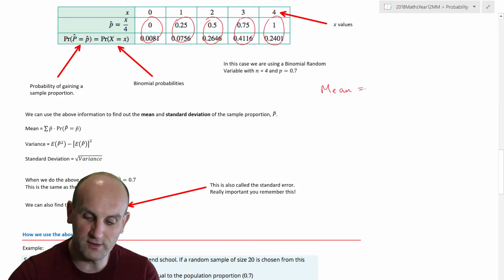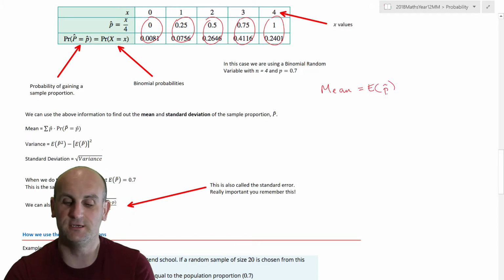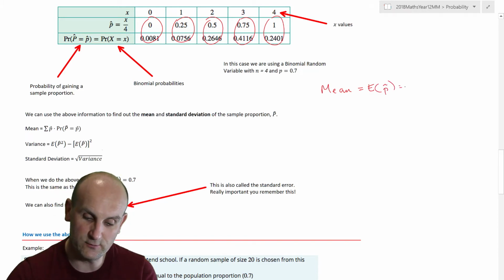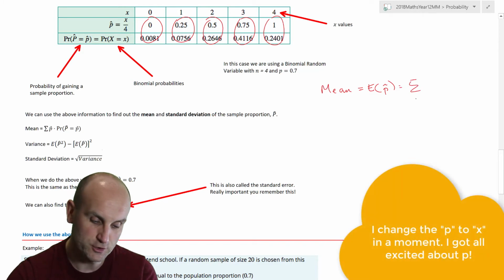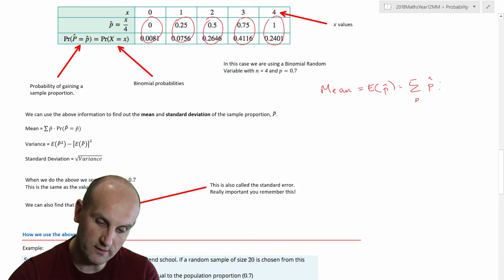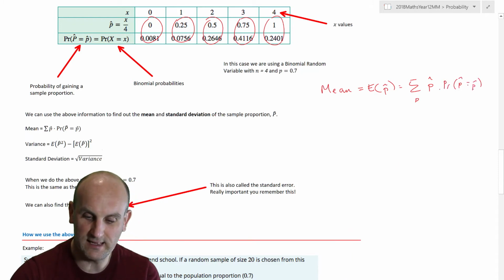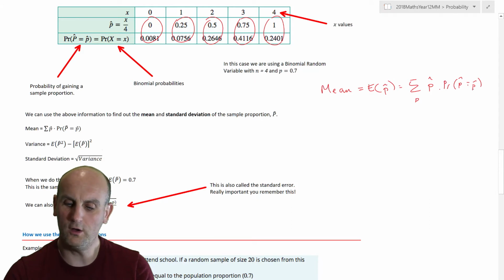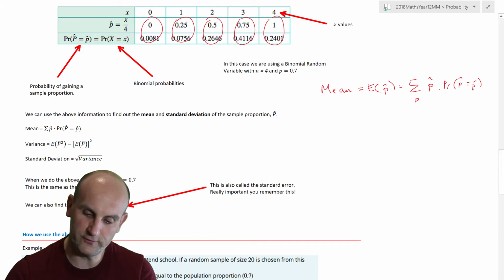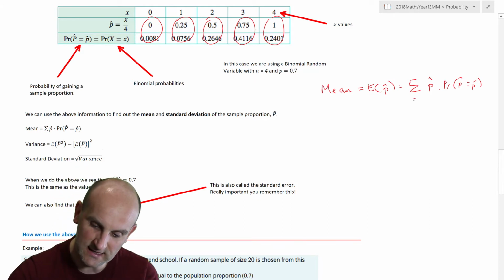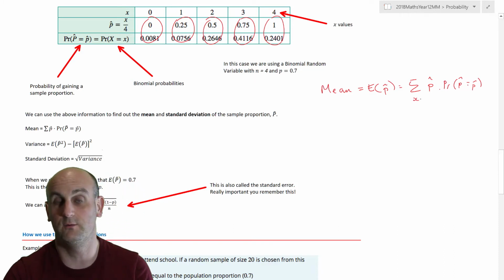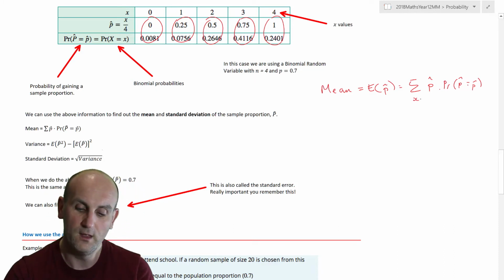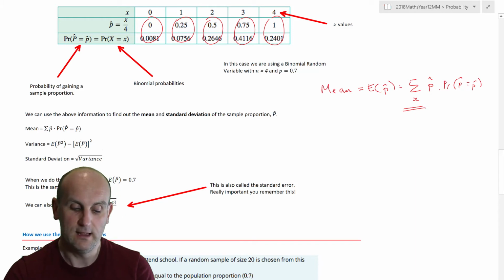Because we knew that previously the mean, or the expectation of X, which in this case is the expectation of p-hat, is going to be equal to the sum of x times the probability of X equals x. Whoa! That is awesome. Sorry, that shouldn't be a P there. Let's put that as X to stand for my values of 0, 1, 2, 3, and 4. So that is my mean.